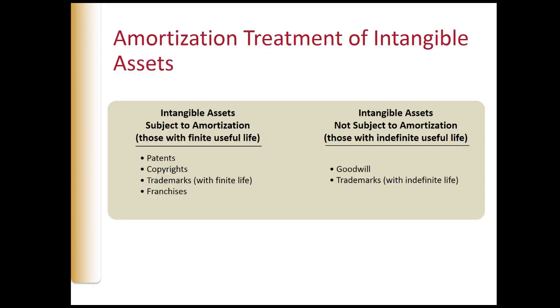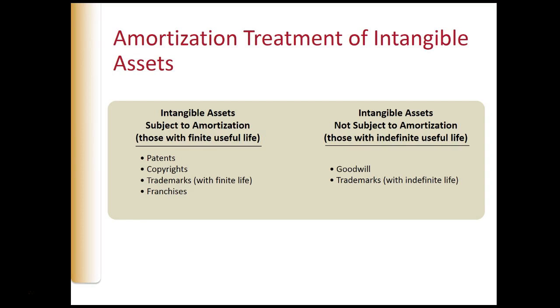We don't depreciate land because it has an unlimited life. Also, we do not amortize intangible assets with indefinite useful lives that may not be determinable or that are unknown. So this slide provides a summary of intangible assets that are amortized and those that are not amortized.